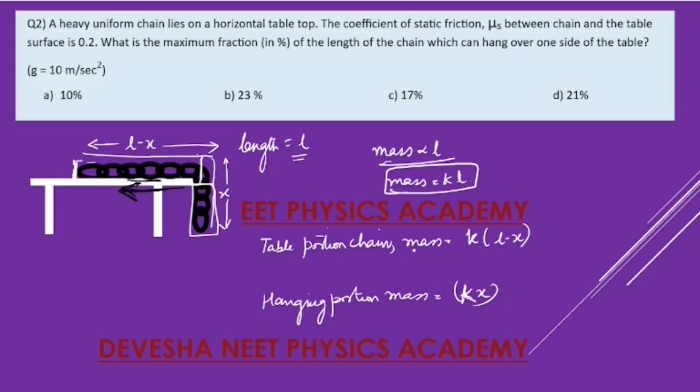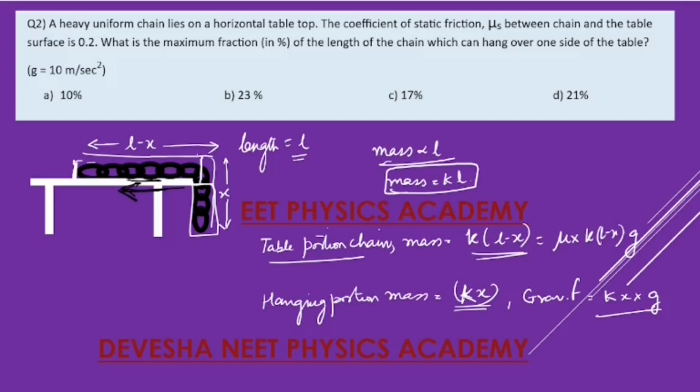So what will be the frictional force on this? Frictional force will be acting on the table portion, right? So if this is the mass, then the frictional force will be mu into the mass into G, okay? And this will have only the gravitational force, right? So for Kx, the gravitational force is equal to Kx into G.